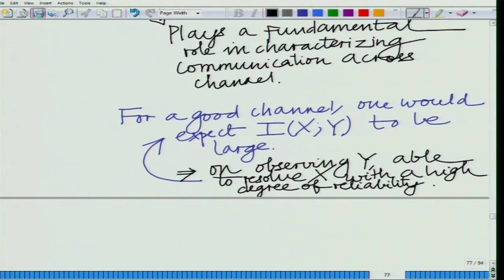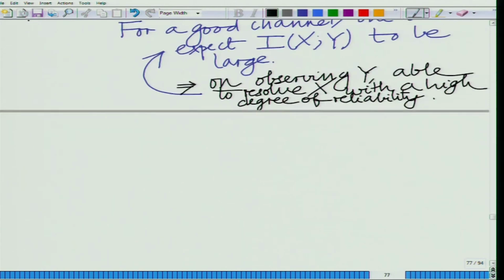With a high degree of reliability, that is the aim. Okay. So, basically mutual information, as I have said, has a key role to play in characterizing the efficiency of communication across the channel.